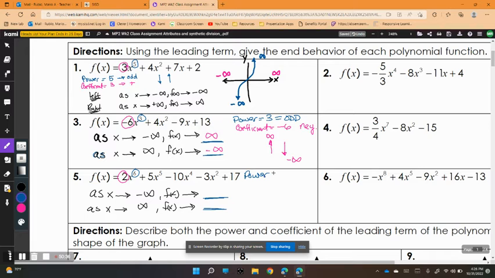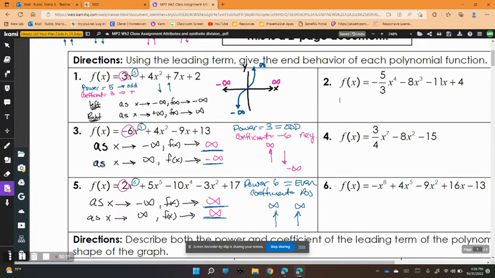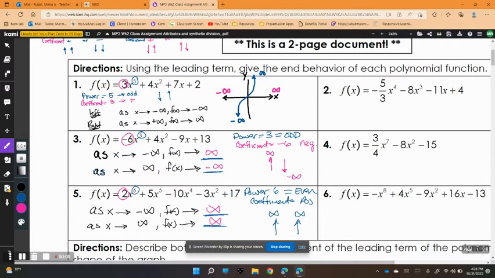Our power is 6, which is even, and then we've got a positive coefficient. So that means both the left and the right are going to be pointing up towards infinity. Okay, I hope you guys can recognize the pattern, and you're going to do exactly the same thing for all of these problems. They're all going to start the same way.